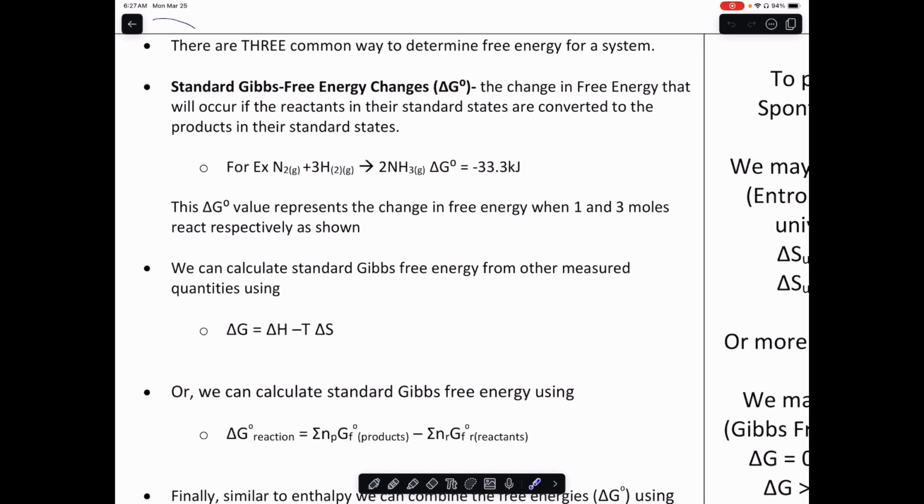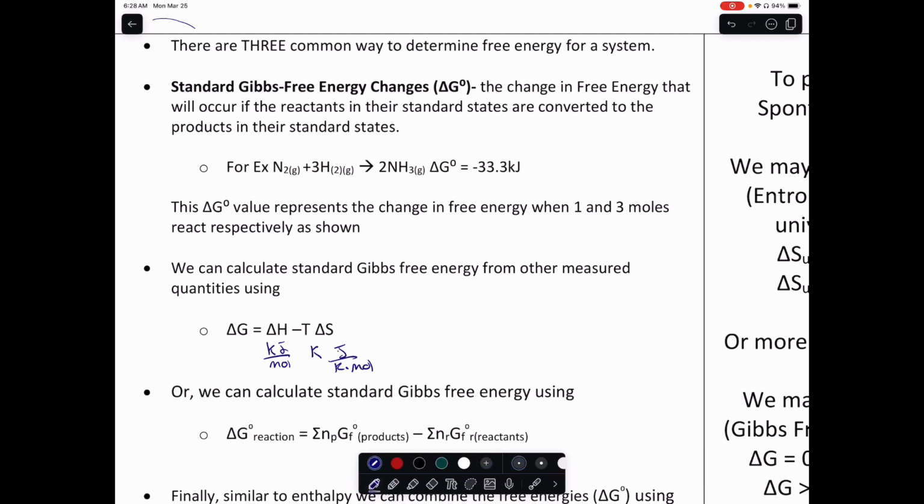We can calculate Gibbs free energy in a variety of ways. One of them, we have used this equation in class before, and some things you want to remember about this equation is that enthalpy will be reported in kilojoules per mole. Temperature should be in kelvins, and entropy will often be reported in joules per Kelvin mole.